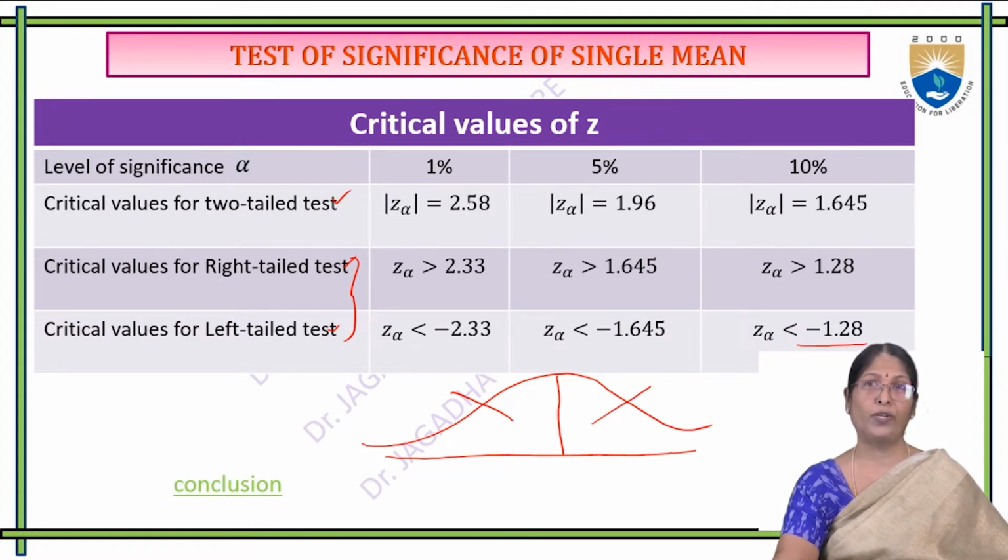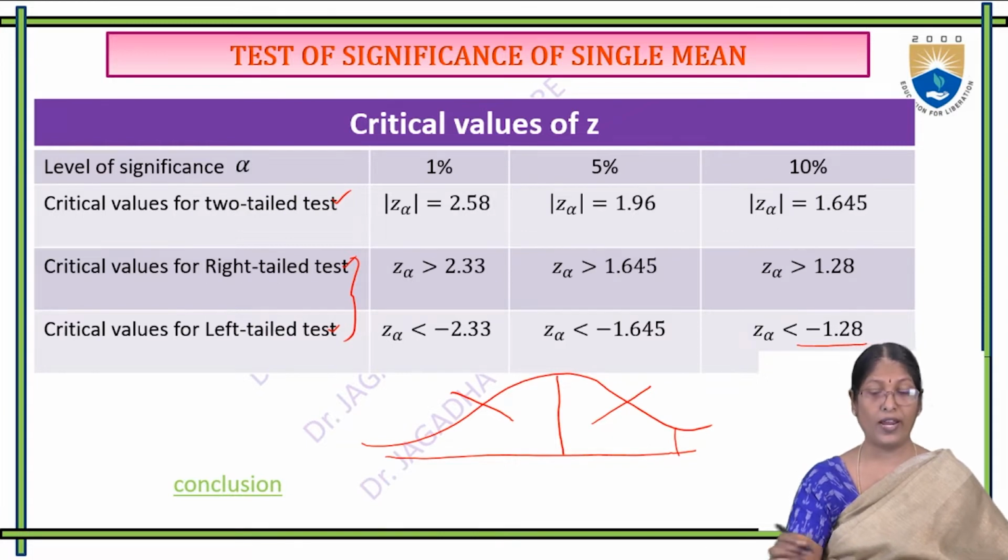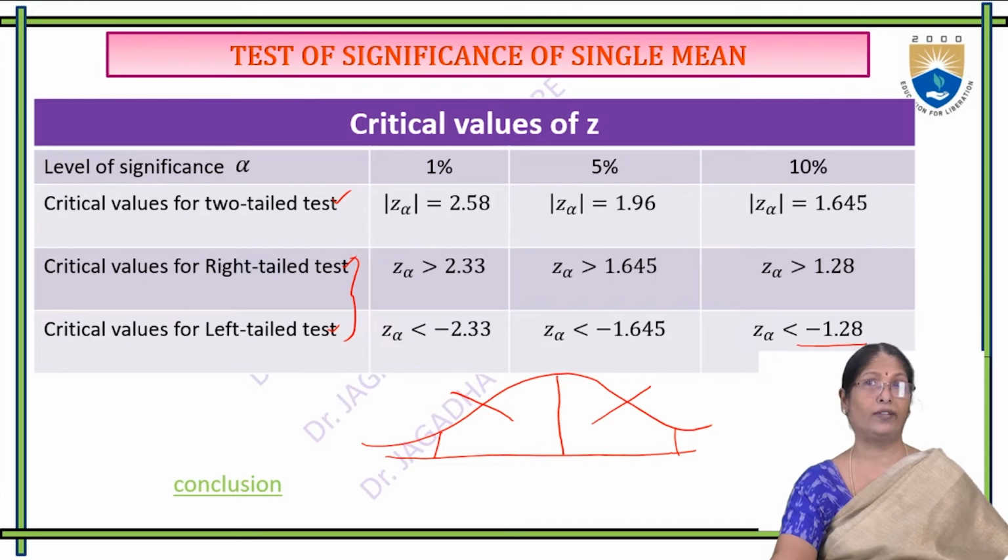The total probability is always 1 and it is positive also. If it is right tail, only the right side is shaded. If it is left tail, it is on the left side. They are called one-tail tests. These values we have to remember.